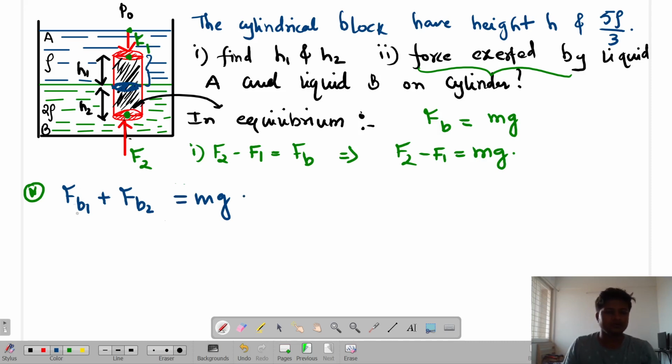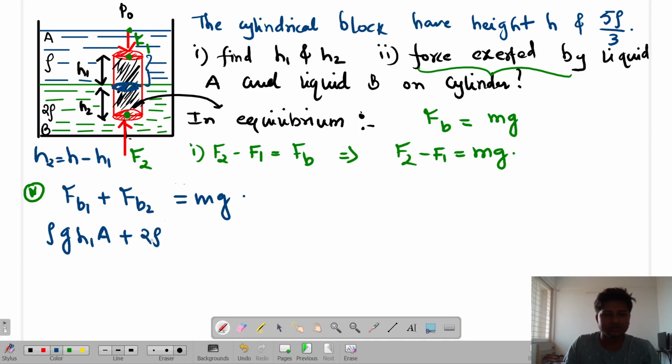So buoyancy force by cylinder 1 is rho g into height H1, isn't it? Total height emerged into area of cross section A. Is that clear? That's my buoyancy force by cylinder 1. For the second cylinder, I can write H2 as what? H2 as total height minus H1, isn't it? So this one is in twice rho density of the liquid.